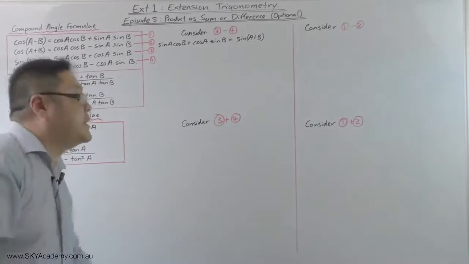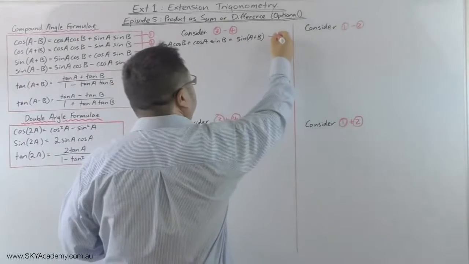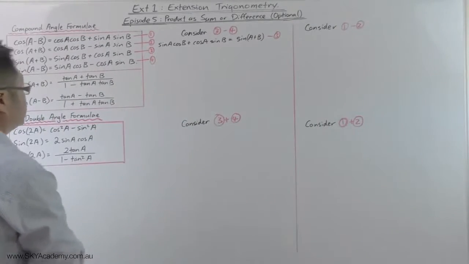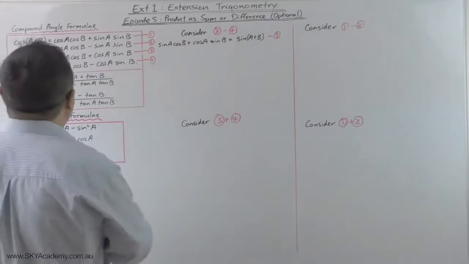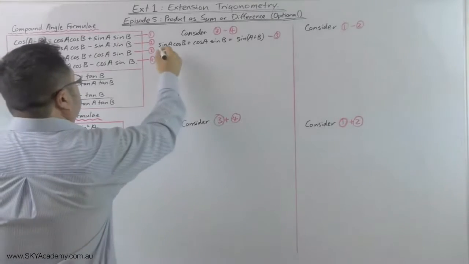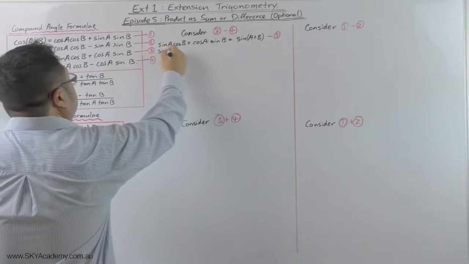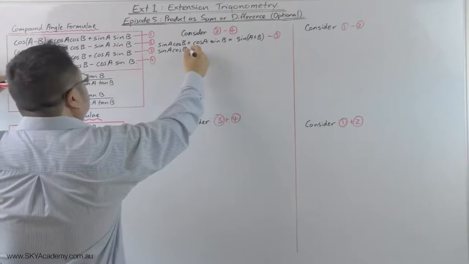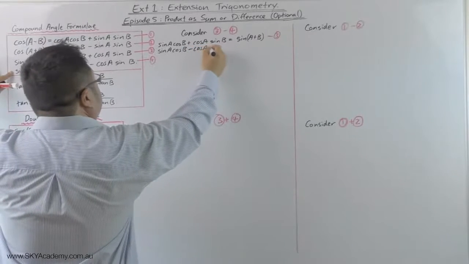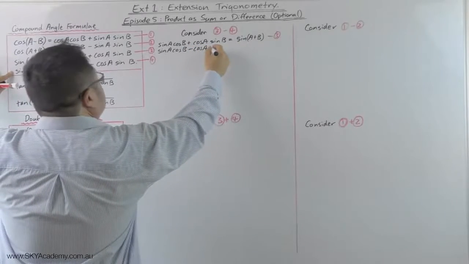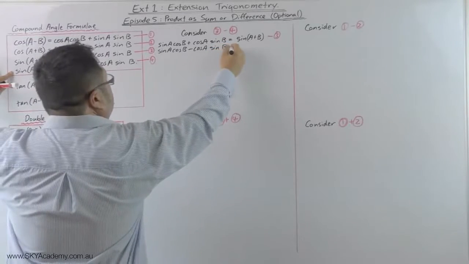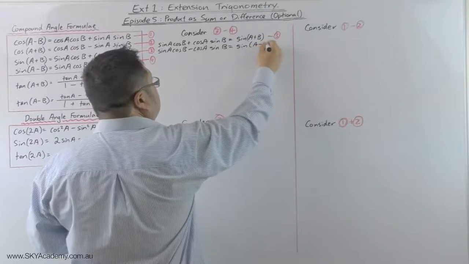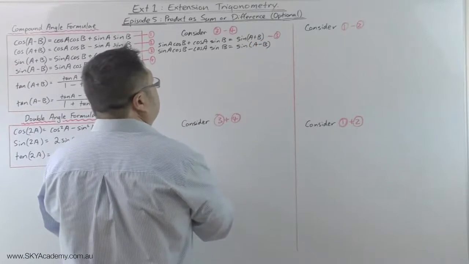We're going to take away formula number 4, which is sine A cosine B minus cosine A sine B equals sine A minus B. Does that make sense? And that's formula number 4.